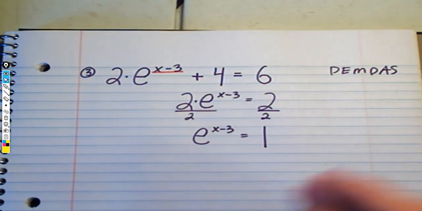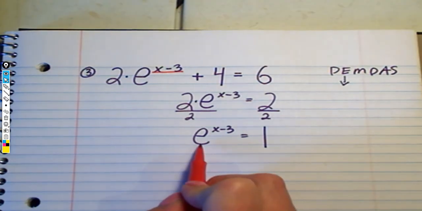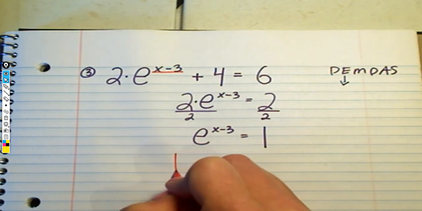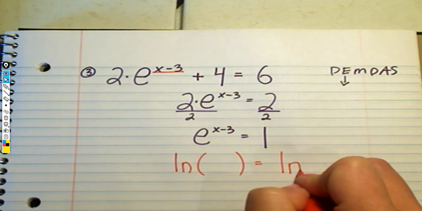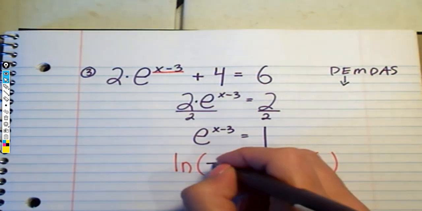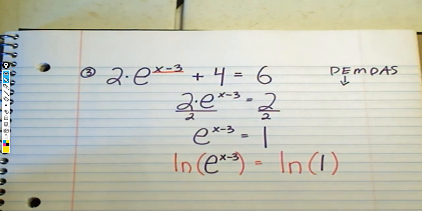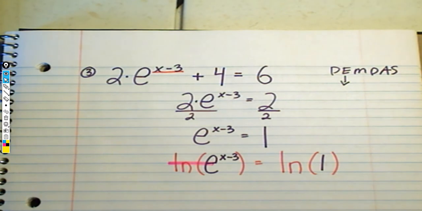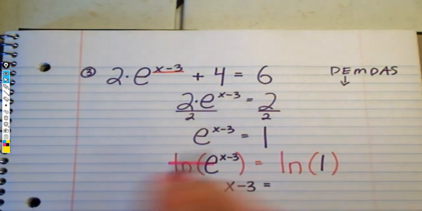Okay, now I'm to the e step. Now that's an e, right, so I'm going to do natural log of both sides. Okay, natural log of both sides. My inverse property tells me that this part cancels and I'm left with x minus 3.